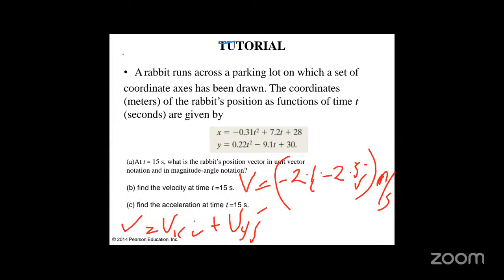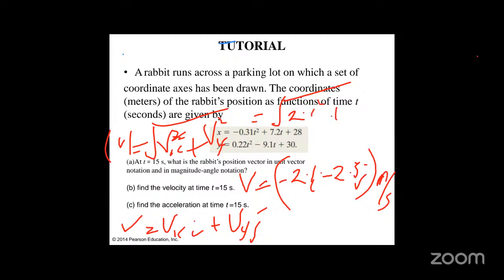So if we want to find the magnitude, V magnitude will be the square root of Vx squared plus Vy squared. So that is the square root of 2.1 squared plus 2.5 squared. So that gives 3.3 meter per second. So this is the magnitude of V.